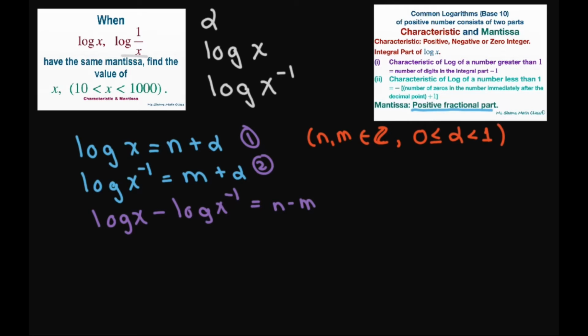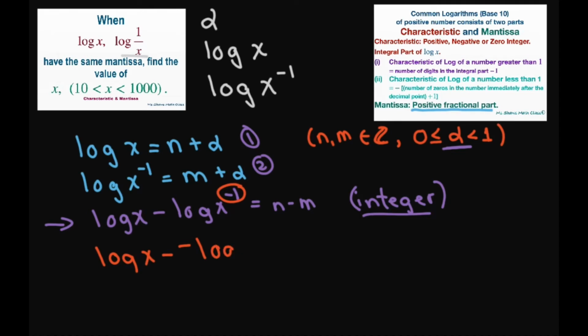And therefore we have an integer, because the mantissa part went away, which is not an integer. Now this whole thing is an integer, and I can rewrite this using my power property as log of x minus a negative log of x equals, this is going to be 2 log of x, which is going to be an integer.